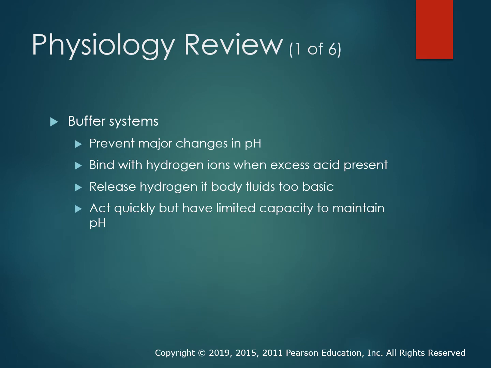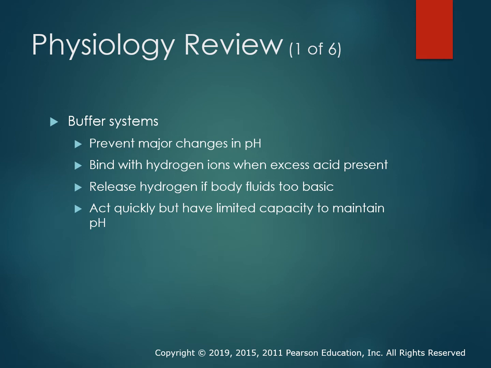Buffers are substances that prevent major changes in pH by releasing or binding hydrogen ions. When excess acid is present in body fluid, buffers bind with hydrogen ions to minimize the change in the pH. So when the hydrogen ions get a little out of balance, it buffers, it balances it, it removes it. If body fluids become too basic or too alkaline, buffers then release hydrogen ions that restore the pH.